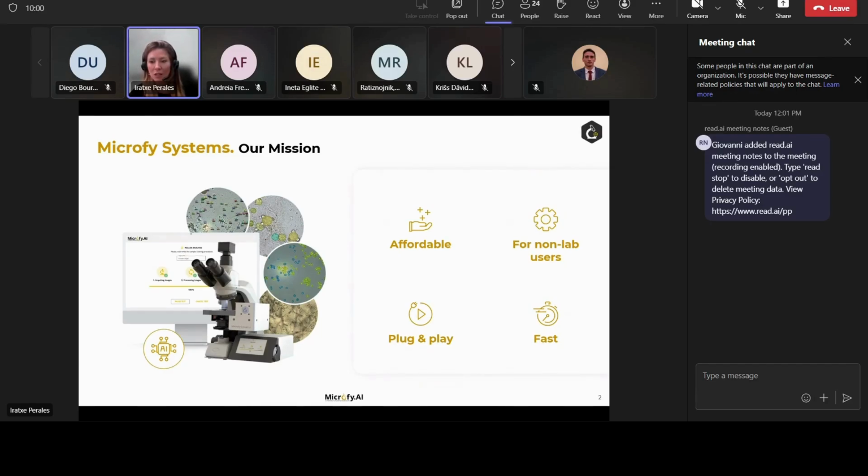So what we did is to robotize a simple microscope and to create an artificial intelligence module. So everything is fully autonomous, the scanning of the sample and also the image processing. And we try to make it very affordable for all entities and very easy to use, so that without any previous experience, everybody could use it.